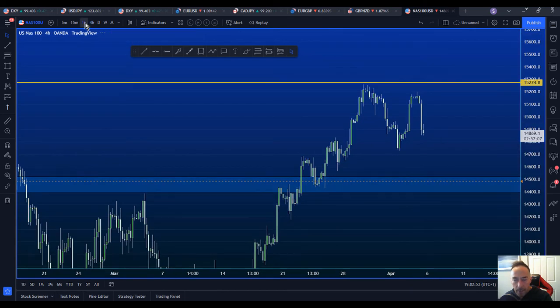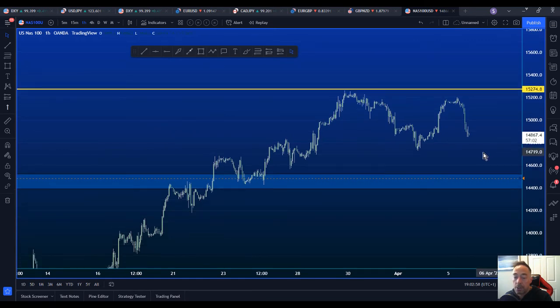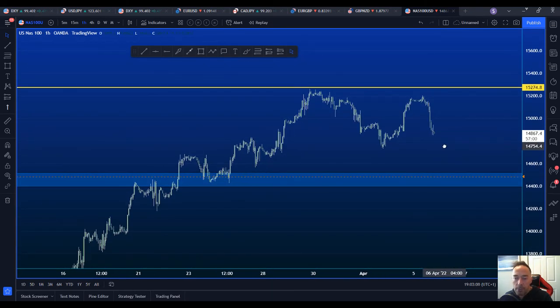Other than that, I know some of you guys don't sell the indices, only buy. So we're just going to be letting this correction happen, and just wait it out.